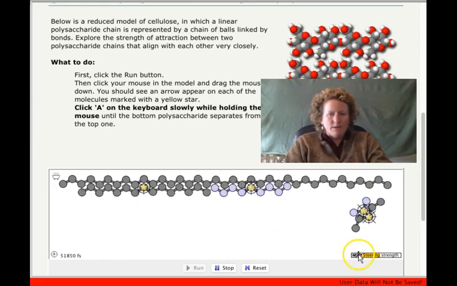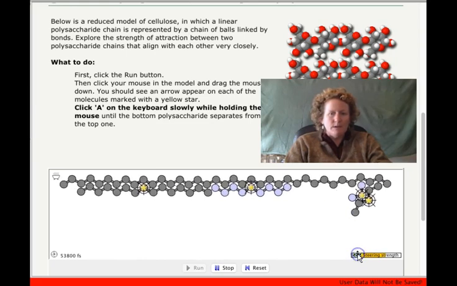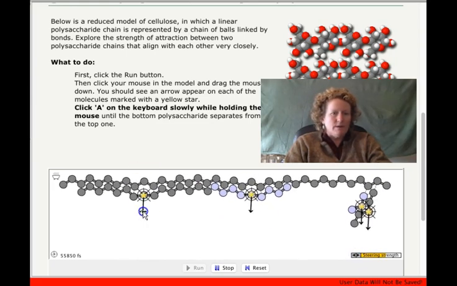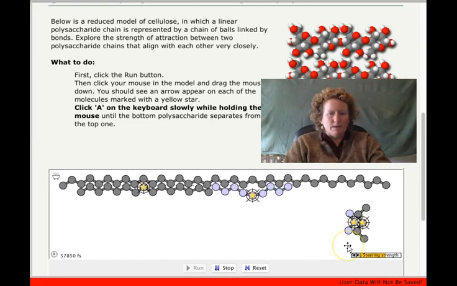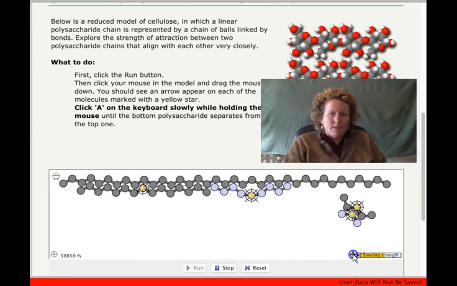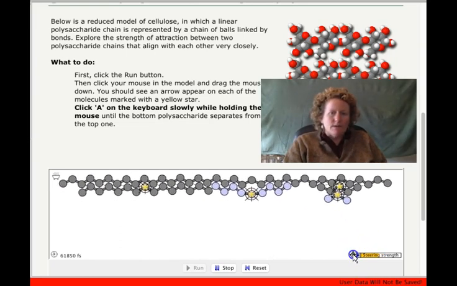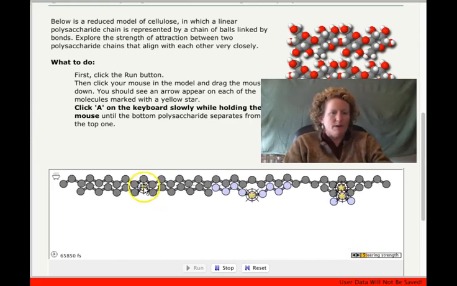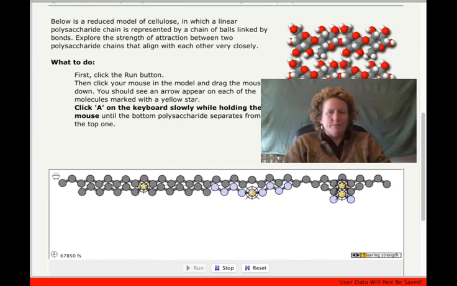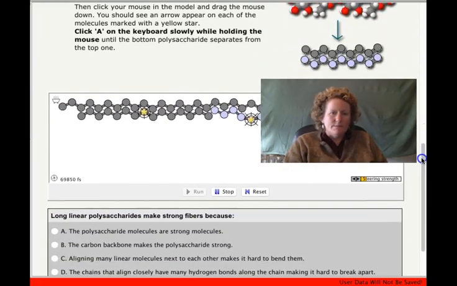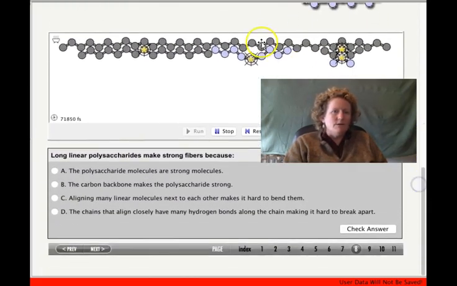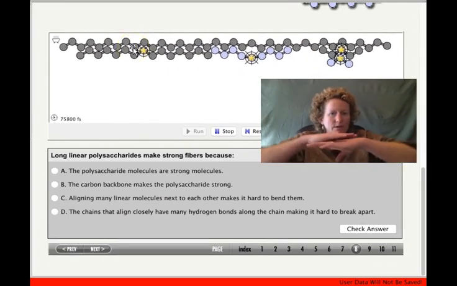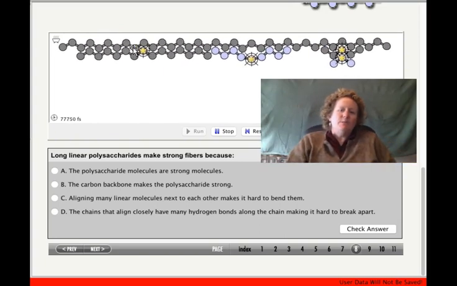It's pretty hard until I turn my strength up to more than halfway. If I'm down here at weak strength, you can see in the lower right hand corner there's a little bar. It doesn't work at all. It's really hard to rip these two molecules apart because they fit well together and they have hydrogen bonds.